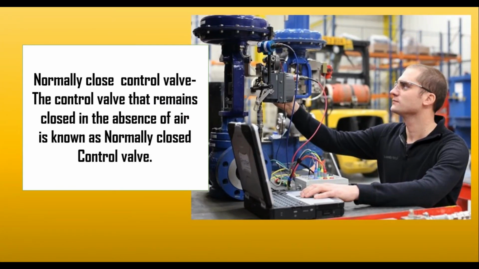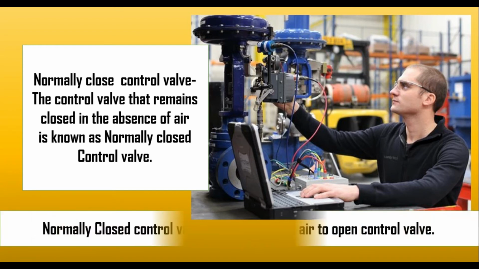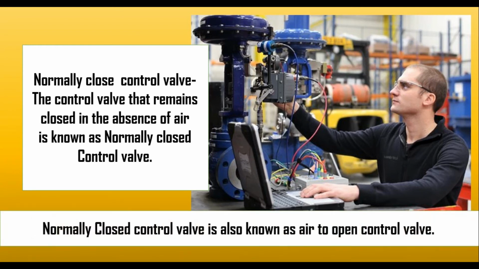A normally closed control valve is a control valve that remains closed in the absence of air. In the absence of air, the valve will remain closed, so it is known as a normally closed control valve. A normally closed control valve is also known as an air to open control valve.